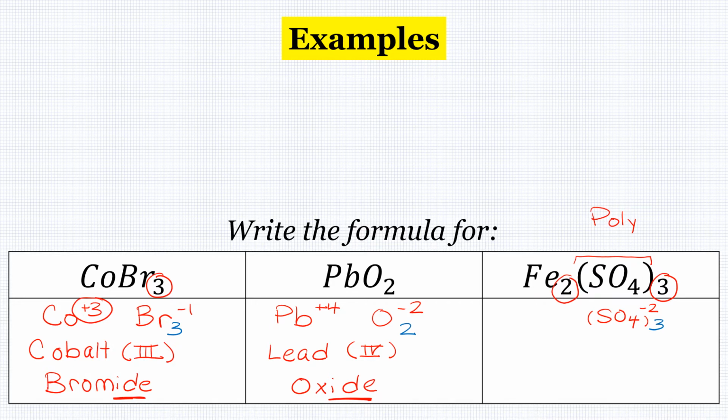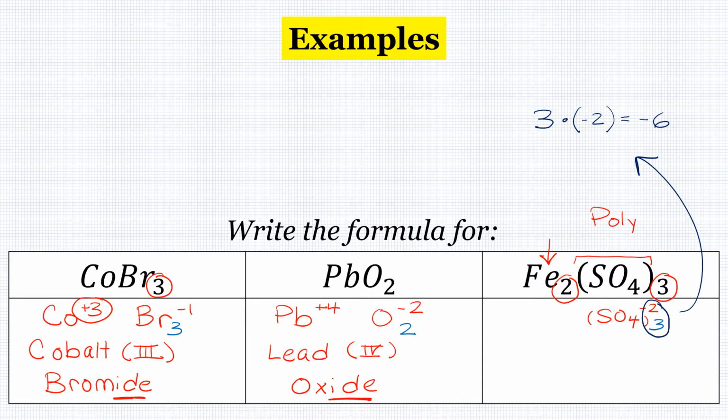All right. So this gets a little tricky, because not only do we have to determine the charge of this, but we also have to multiply that charge by 2. So let's do a little math here. So let's first look at our anion. So we have 3 times -2, which gives us -6.